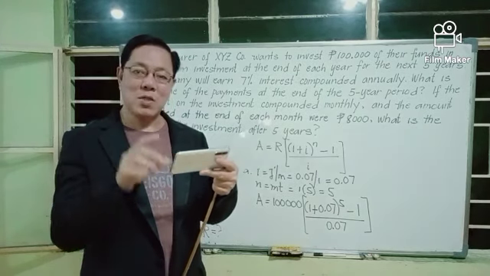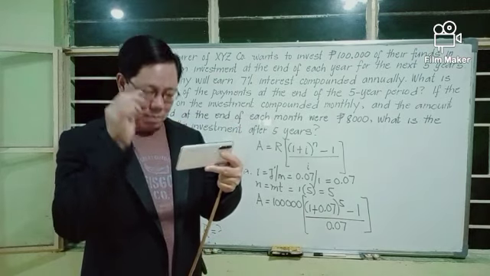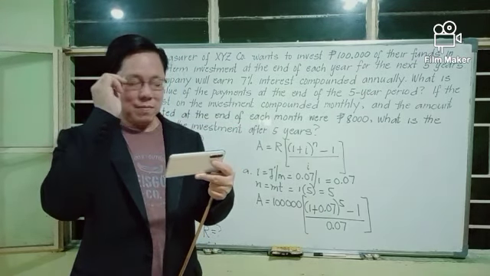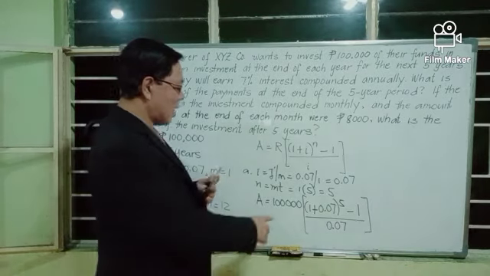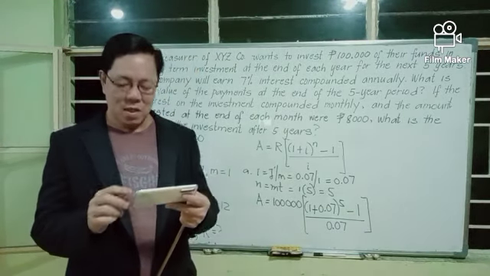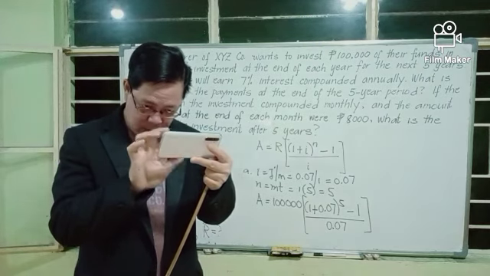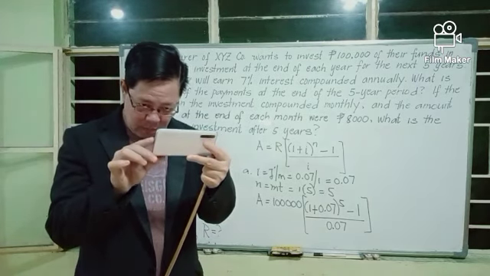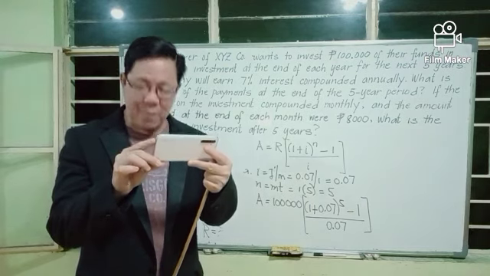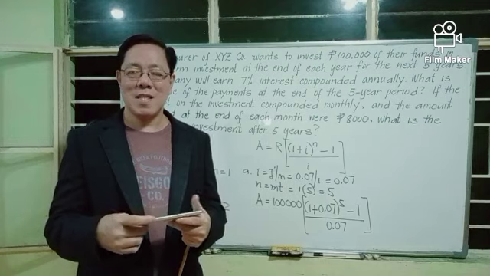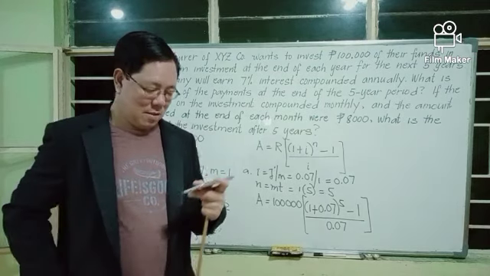And that is the quotient 5.75073901, and that answer multiplied by 100,000. And you should get 575,073.90 to 2 decimal places.